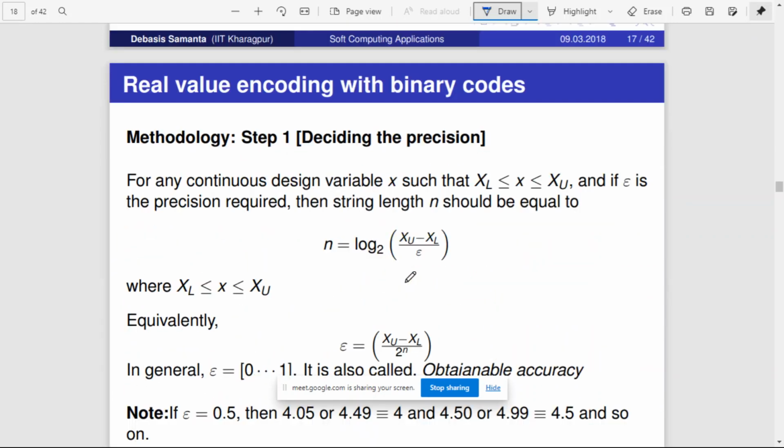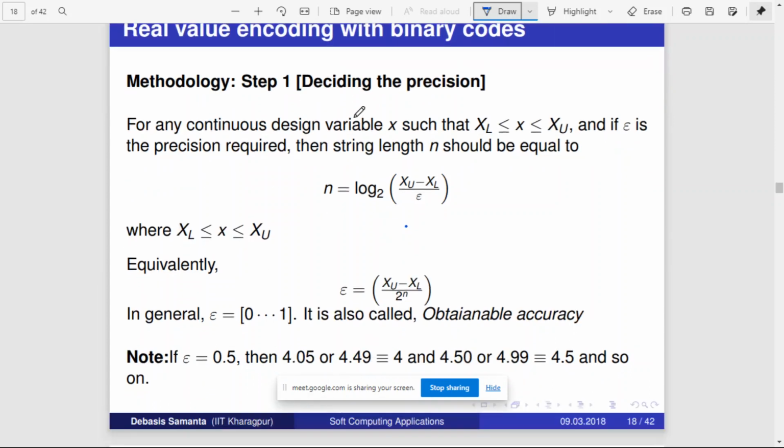Okay. Real value encoding with binary codes. For any continuous design variable x such that x falls between xl and xu. Design variables are the variables which are involved in the problem, and for which we have to find the values, right?